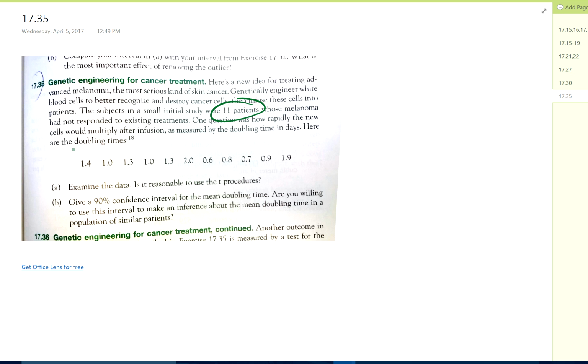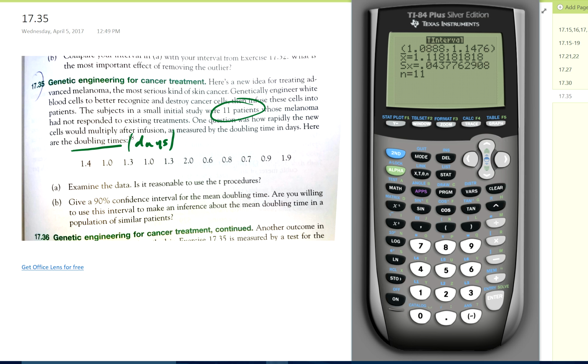So here are the doubling times, in days. So 1.4 days, 1 day, etc. Is it reasonable to use the t procedures? In other words, are there any outliers in this data?